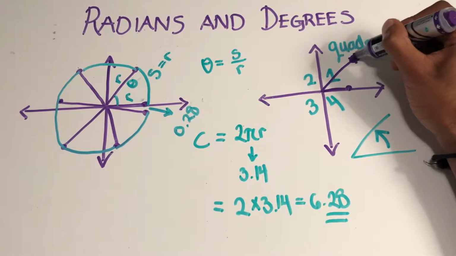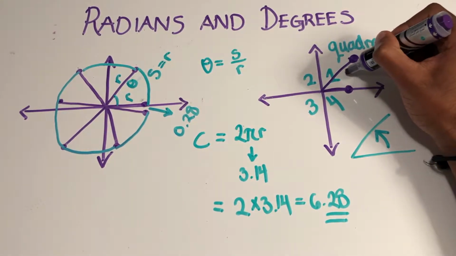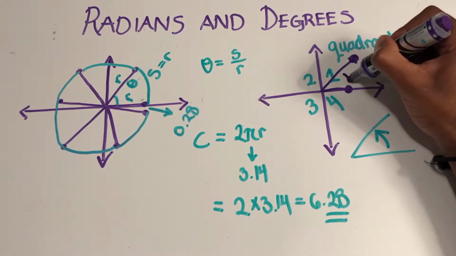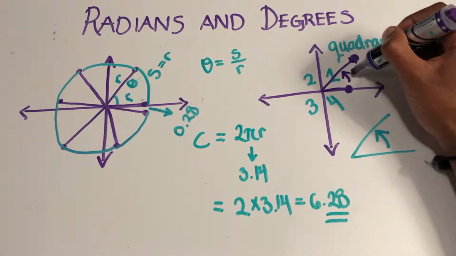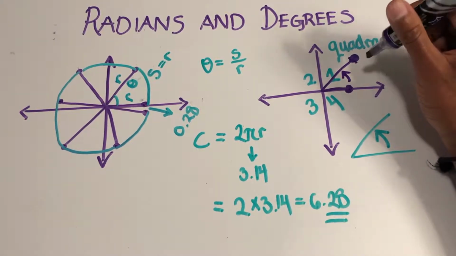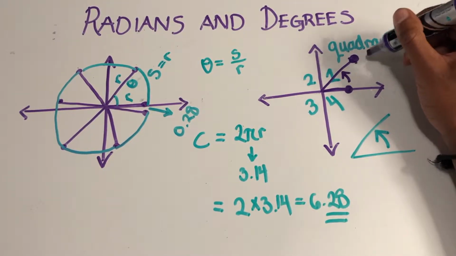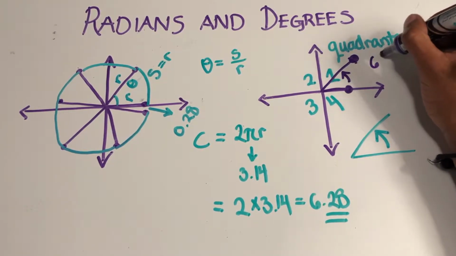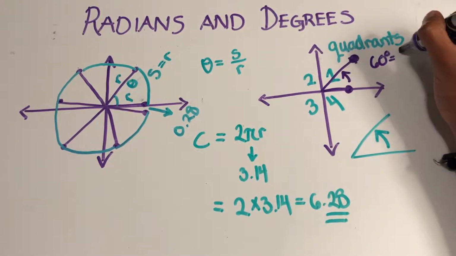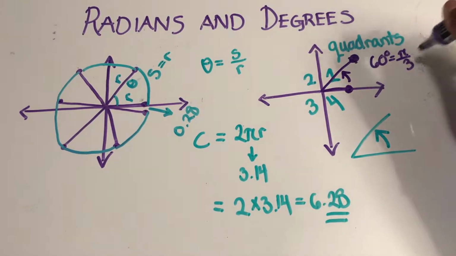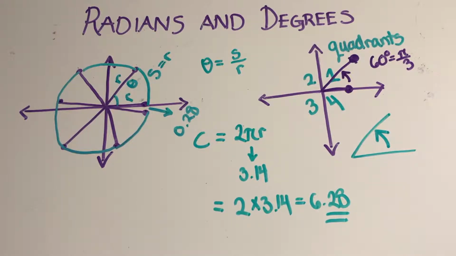Or actually, instead of saying 75 degrees, let's say 60 degrees. So 60 degrees is equivalent to pi over 3 radians. This is a concept I'm going to teach you in another video, but for now, just know that 60 degrees is equivalent to pi over 3 radians.